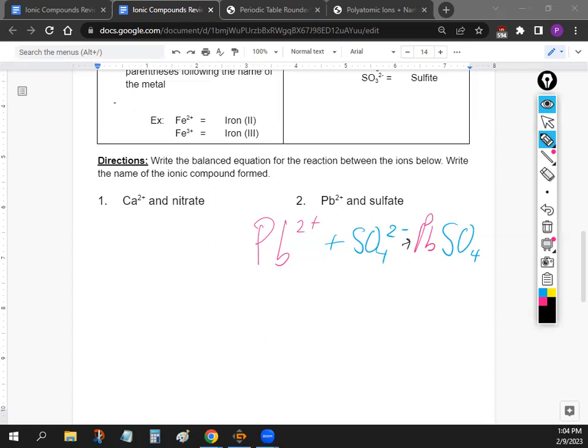Number 2 with Alina. Number 3 with Amber. Number 4 is with Treasure. Number 5 is with Jalen. And number 6 with Grace.